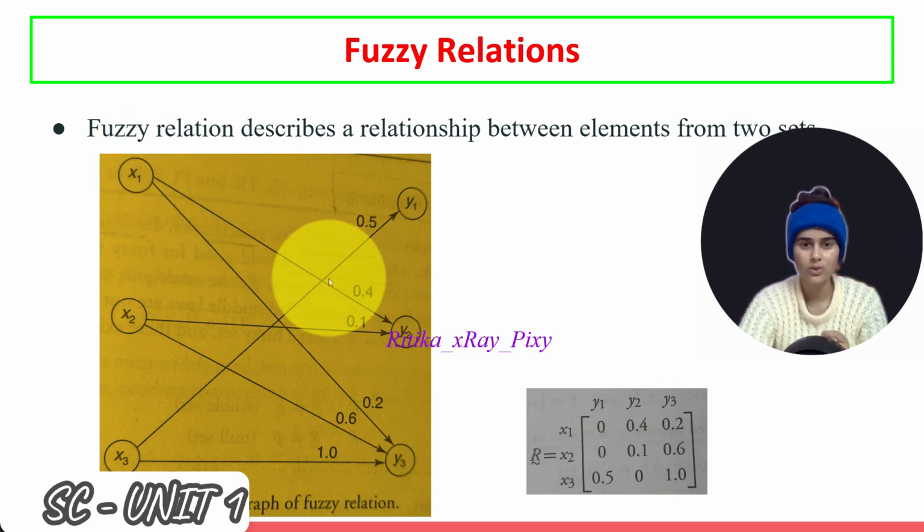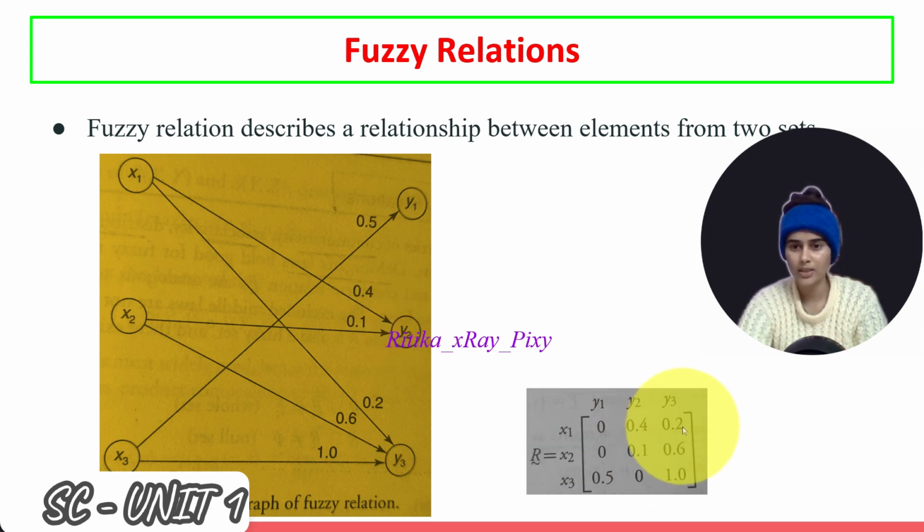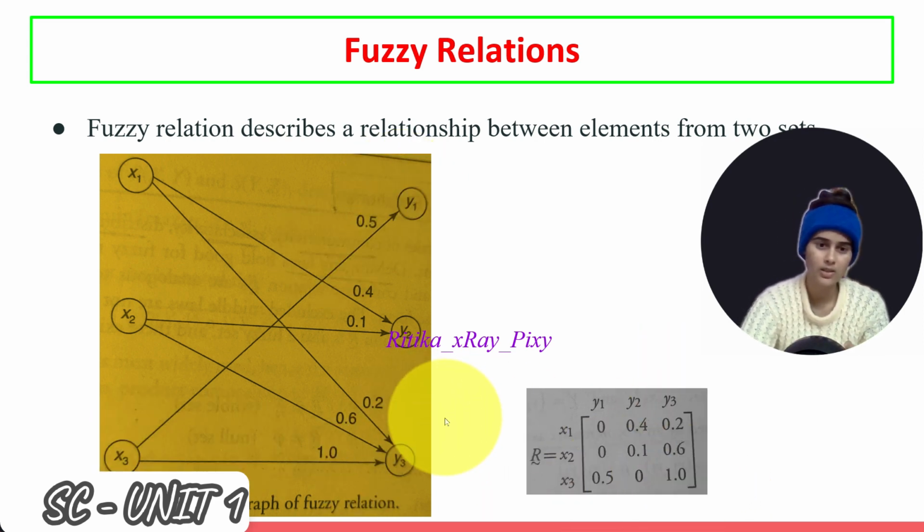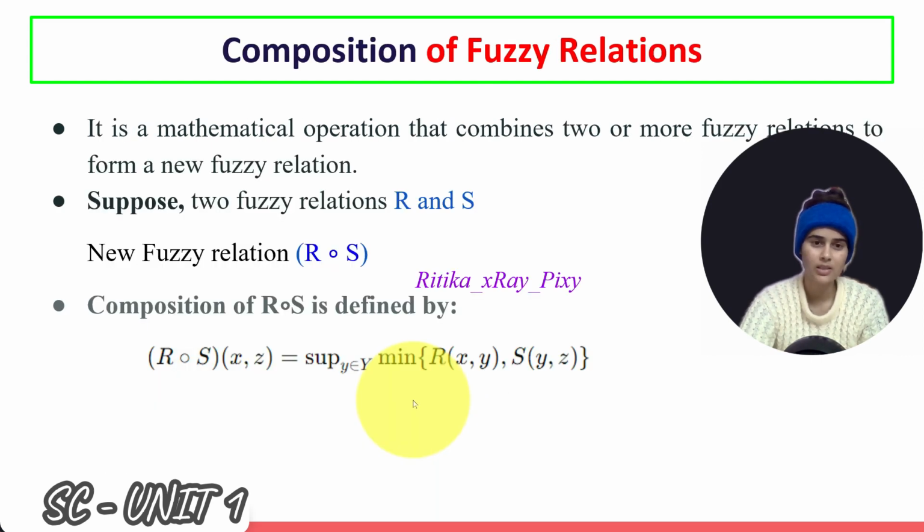Next x1, y3 is 0.2. Then x2, y2 is 0.1, x2, y3 is 0.6, x3 to y1 is 0.5, and x3 to y3 is 1.0. So this is the fuzzy relation graph.